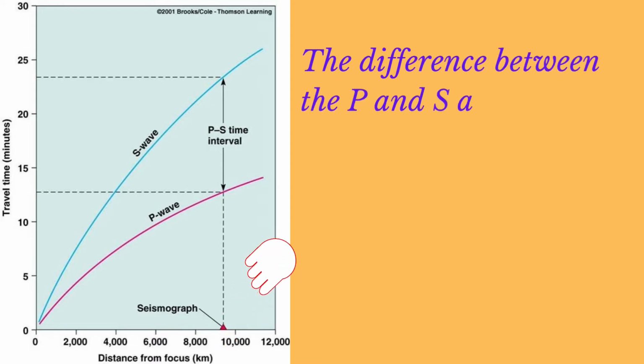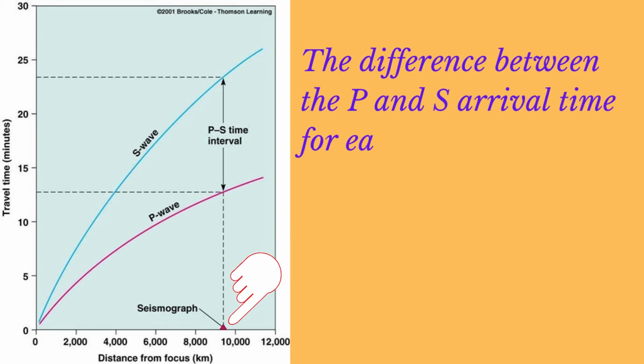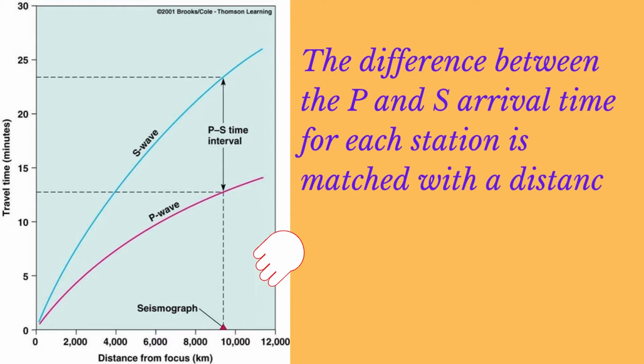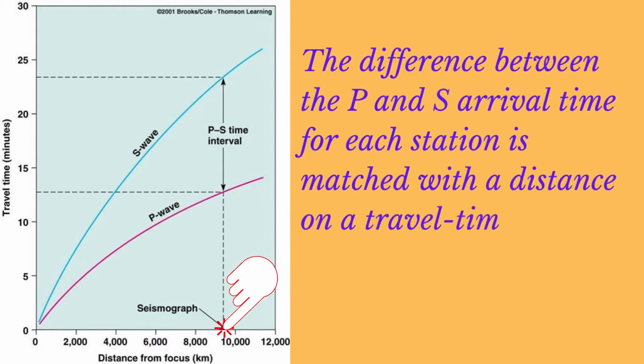The difference in the arrival times between the P and S waves for each station is calculated and then matched with their corresponding distances on a distance time graph, as is being shown.